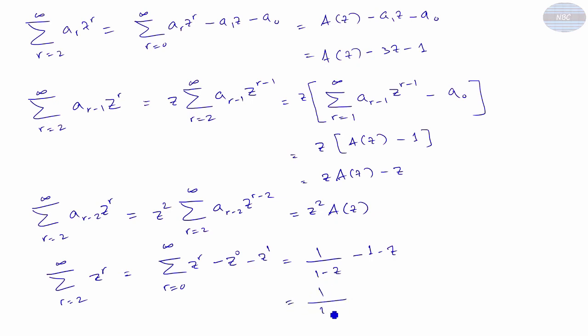Minus 1 is taken as common here, and we have 1 minus z as the LCM. So this is simplified as z square divided by 1 minus z.